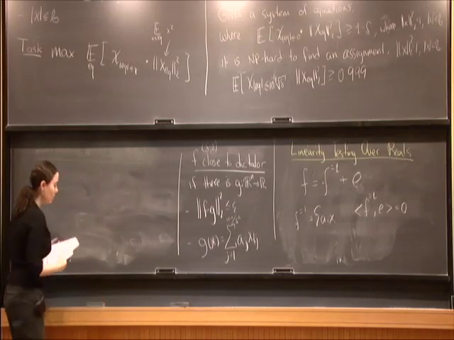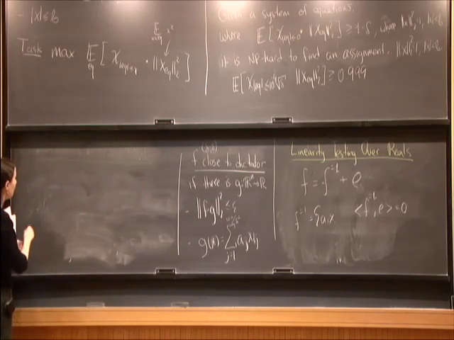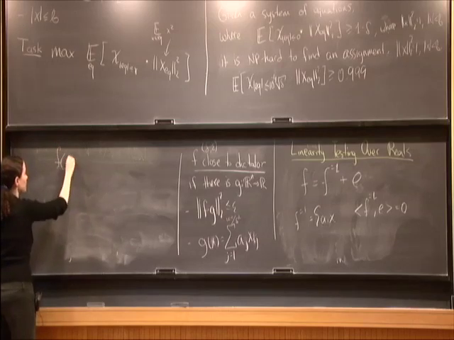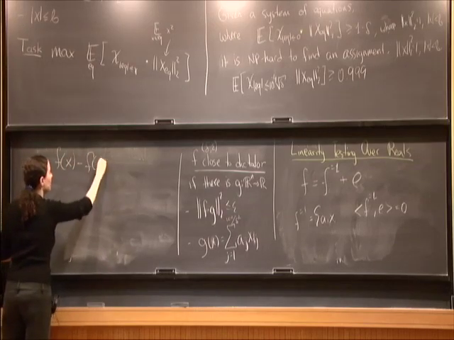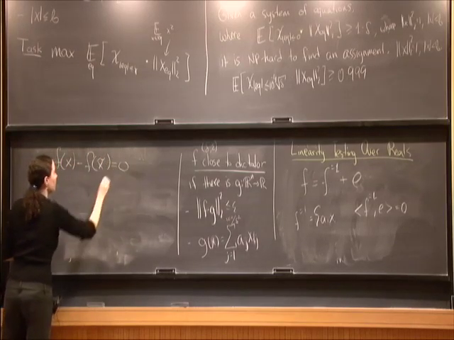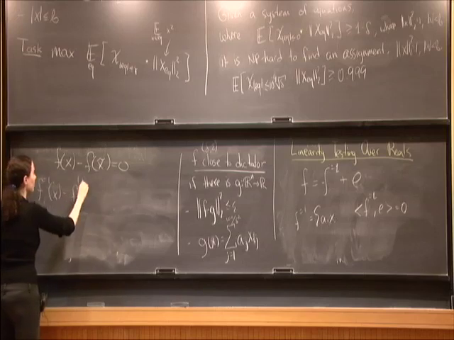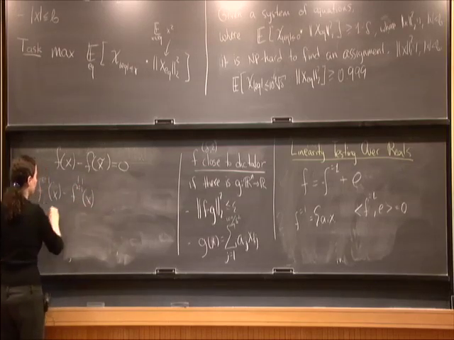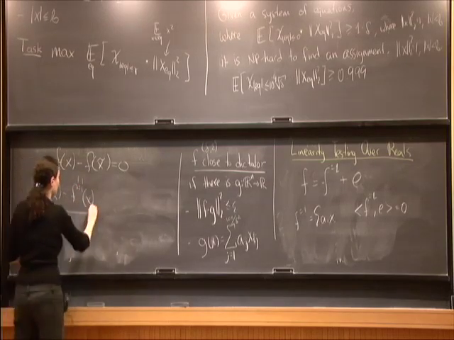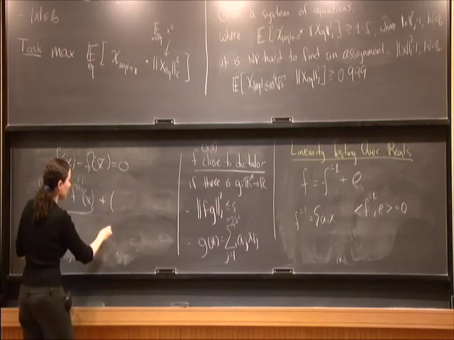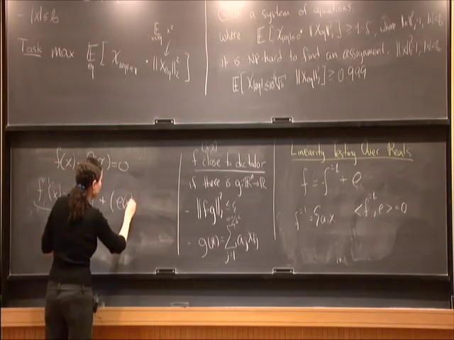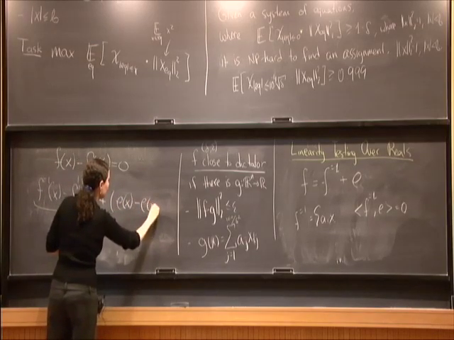So my equation was f of x minus f of x tilde equals 0, which equals what happens in the linear part, but also with the interference of the nonlinear part.